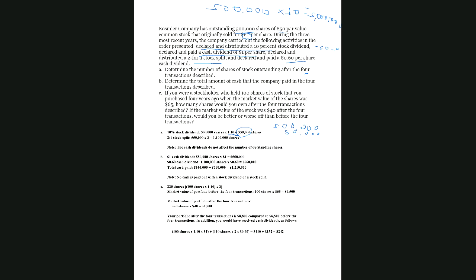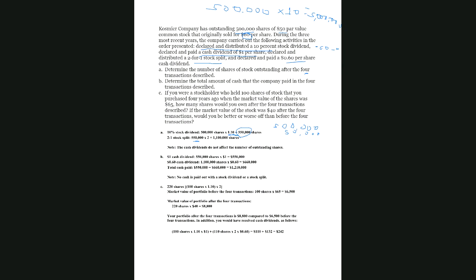So all you're doing here is tracking. This is sometimes the confusing part. Remember, when you're tracking the number of shares outstanding after a stock split, before the stock split you now had 550,000 shares, not the original 500,000, because you had a stock dividend before that. So what's the number of shares that are outstanding after the stock split?